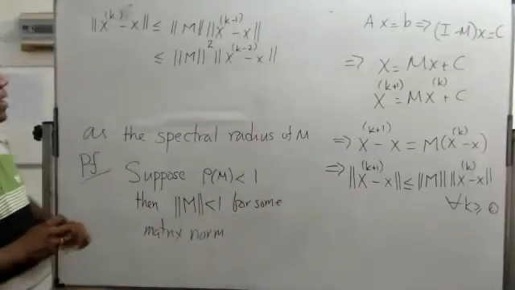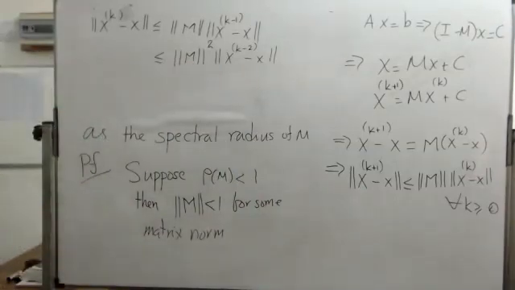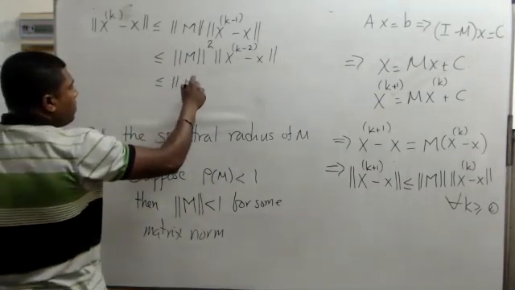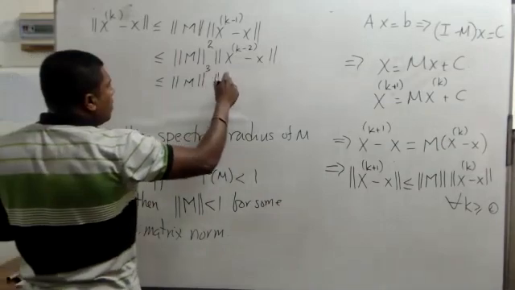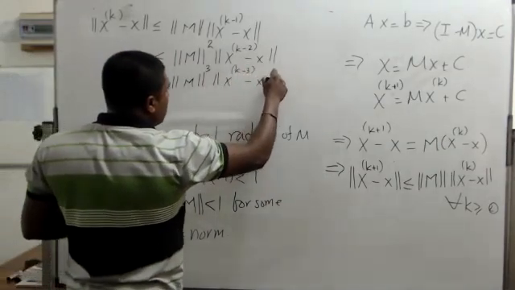Right? There is already an M, so M squared with k minus 2. And then you apply for k minus 2. So you get another M times k minus 3 minus x. So altogether you will get M cubed times ||x_{k-3} - x||.